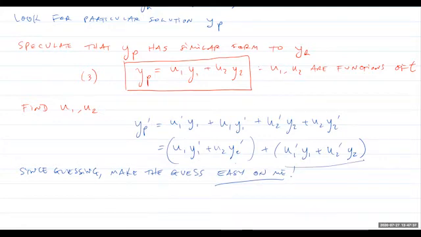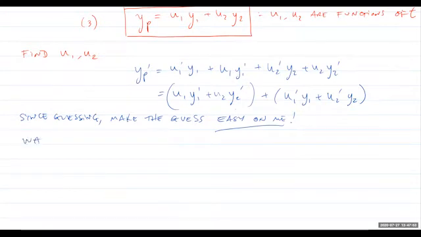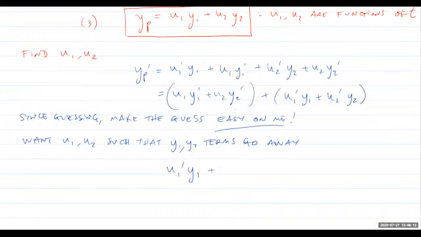So I'll pretend that by sheer luck, these two terms right here add to 0. I want u1 and u2 to be such that the terms with plain y1 and y2 will go away, and I keep only the y1 prime and y2 prime terms. In other words, I want u1 prime y1 plus u2 prime y2 equal 0. That would simplify yp prime.